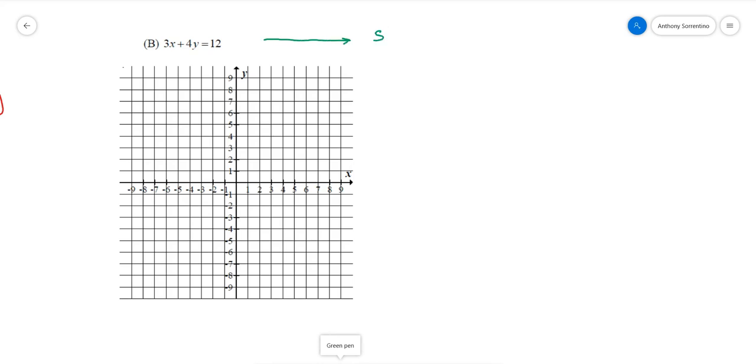I want to make this slope-intercept. And essentially, to turn any linear equation into a linear equation in slope-intercept form, there's only two things I would have to do. Solve for y, and simplify.